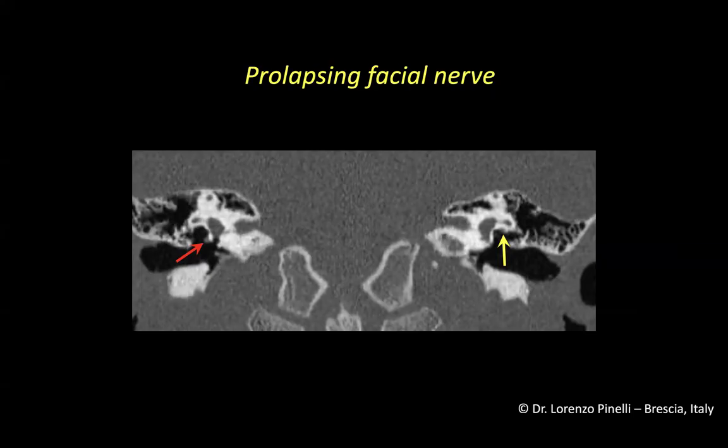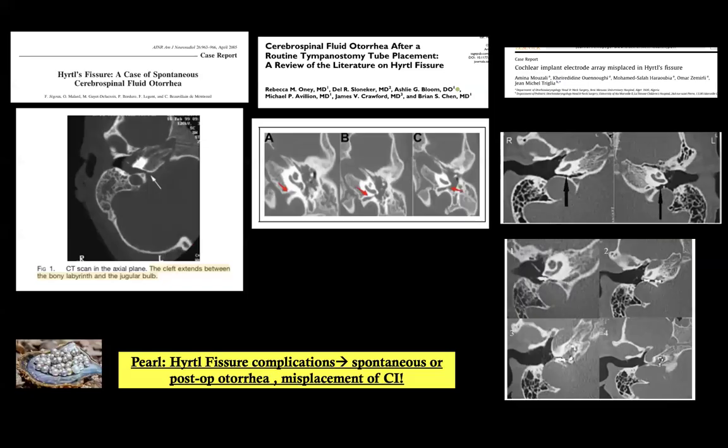And finally, remember rare anatomical variants. Studying for this presentation, I came across some literature that I had stored in my archive and forgot about, like the one about the ear fissure. What is the ear fissure?